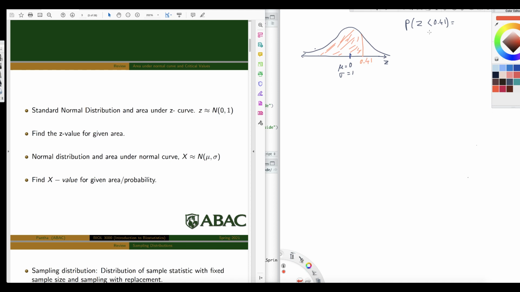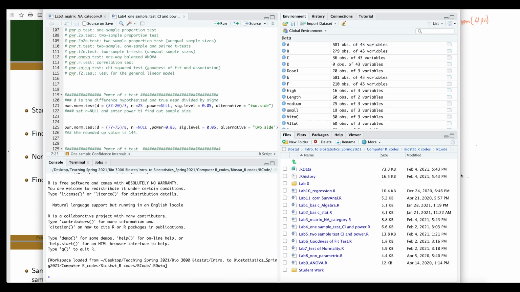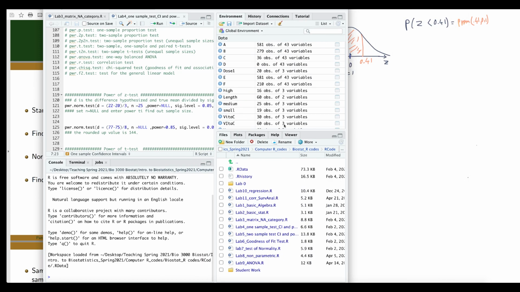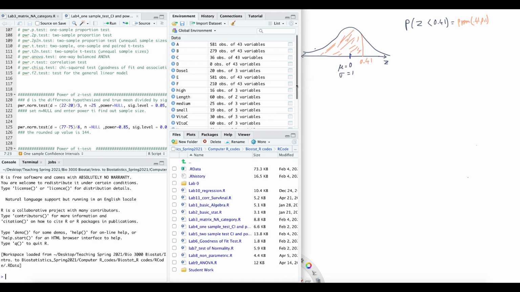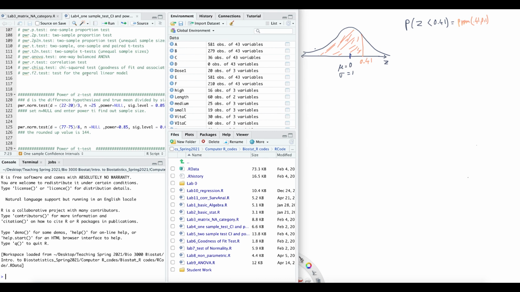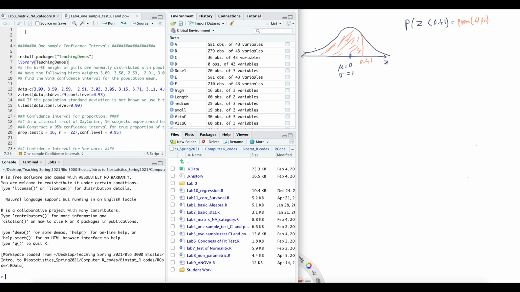Basically you can use R for that. It is pnorm, and then 0.41, and then 0, 1. The pnorm finds the area under the standard normal curve, to the left of that number.